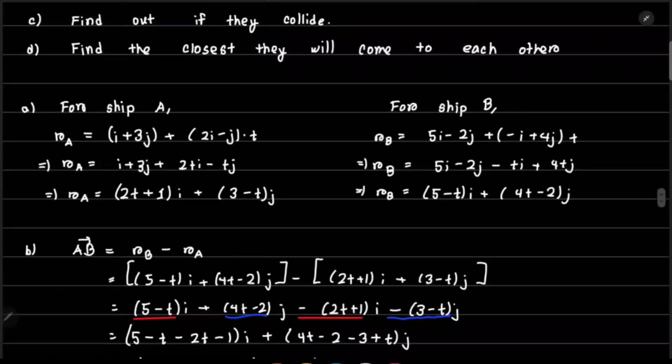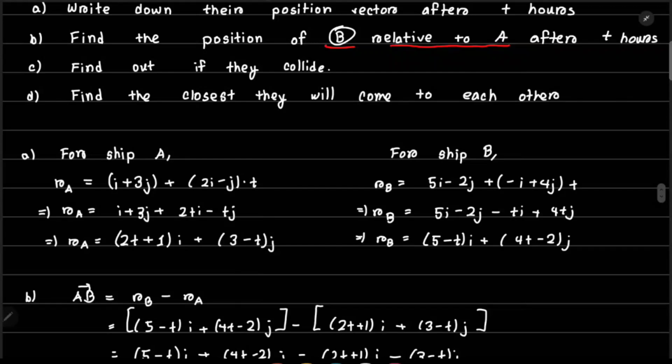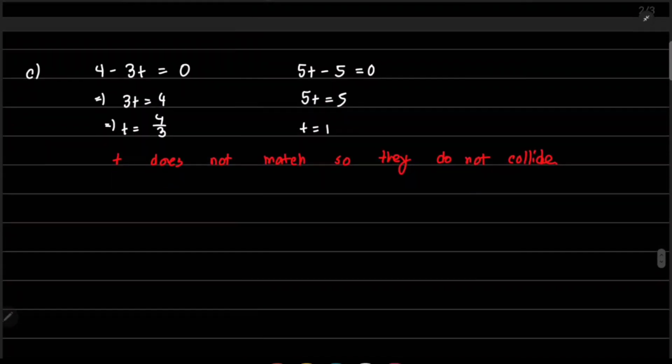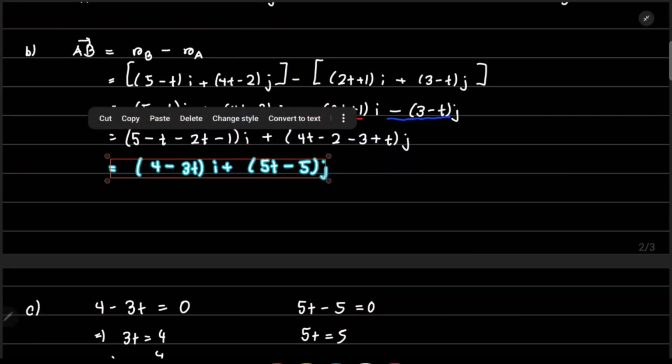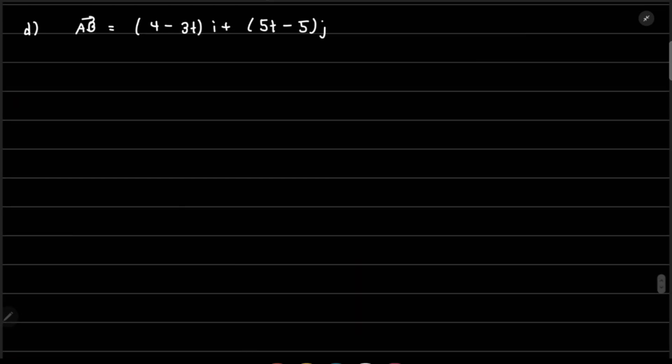Now in part D of this question, we'll have to find the closest they will come. We have their displacement from each other, which is this vector over here. If I find its magnitude, this will be the distance between them. So if I want to find the minimum distance between them, I'll find their magnitude. We are basically using the Pythagorean theorem over here.